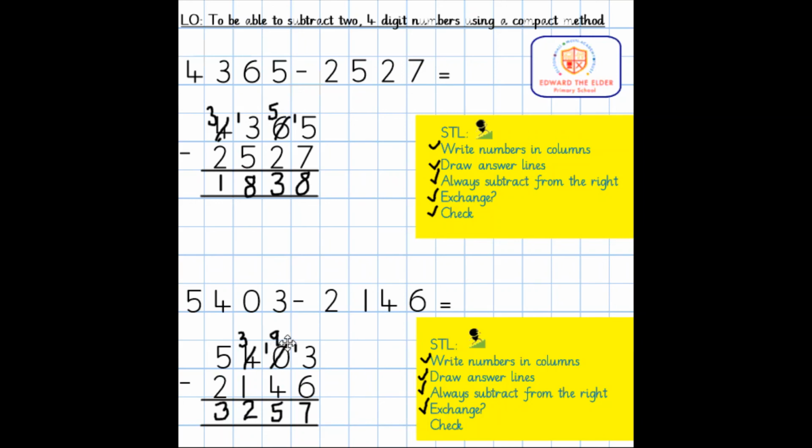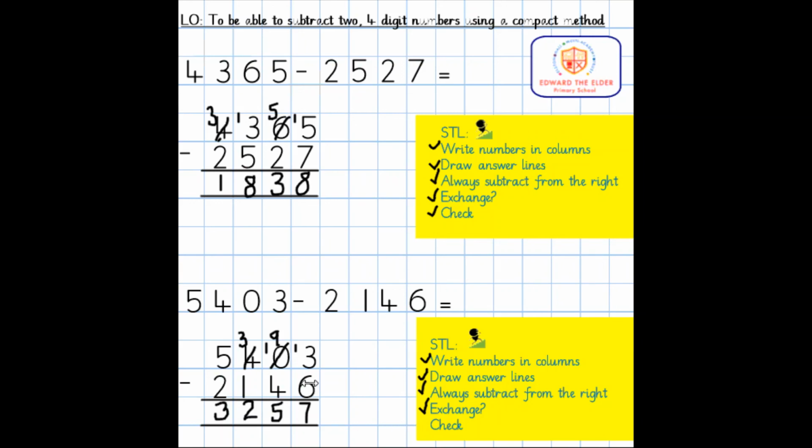We then exchanged the 10 tens to 9 tens, and we carried the 110 to the ones. 13 subtract 6 left me with 7. 90 subtract 40 left me with 50. 300 subtract 100 left me with 200, and 5000 subtract 2000 left me with 3000.